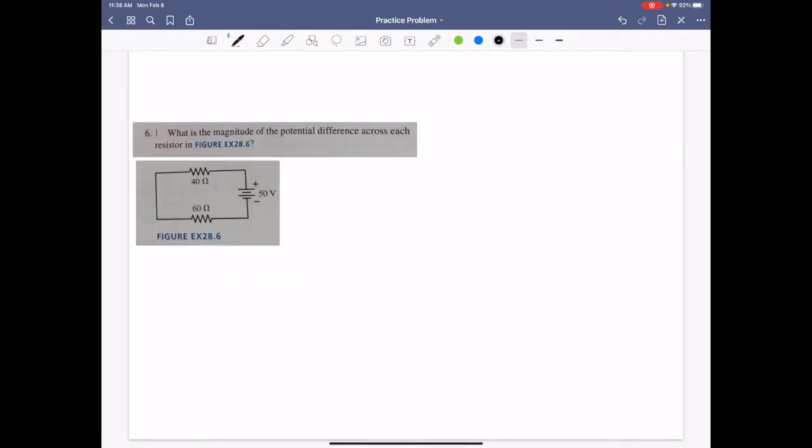What is the magnitude of the potential difference across each resistor in this figure? We can tell that these two resistors are connected in parallel, and this is the battery. We're trying to find what V1 and V2 are.